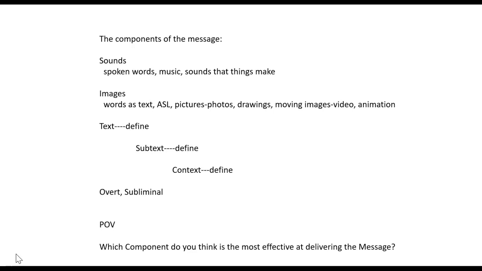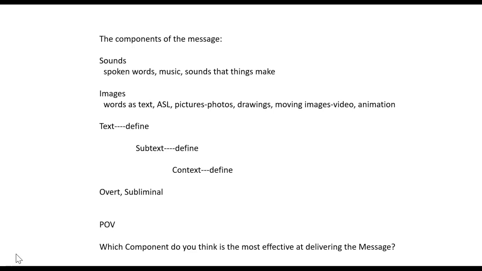There's overt communication and subliminal. I would say, and we're just talking about components of the message now, but there's also emotional communication and rational communication, which is related to some degree to overt and subliminal. The sender has a point of view, by the way, and this is the source, the sender, can have, often does, mostly has a point of view.